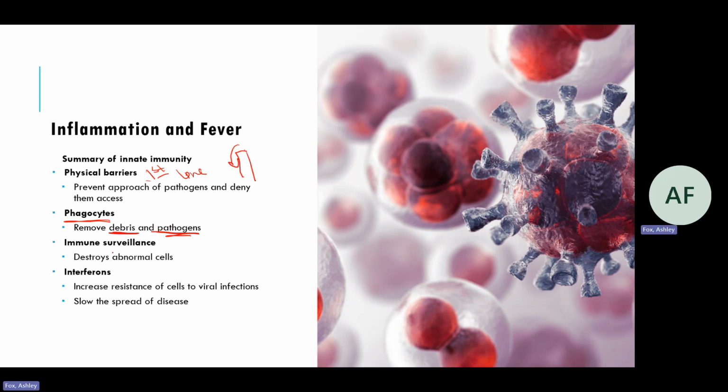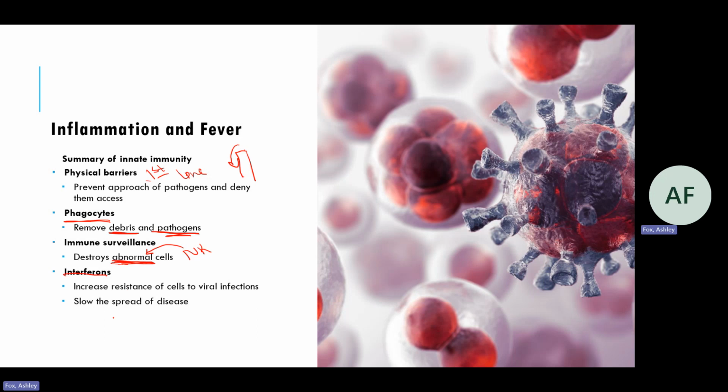Natural killer cells specifically are going to destroy any abnormal cells, like cancerous cells. So if you have a cell that mutates its DNA and it starts growing and dividing abnormally, the natural killer cells can recognize that and destroy it. You have interferons.